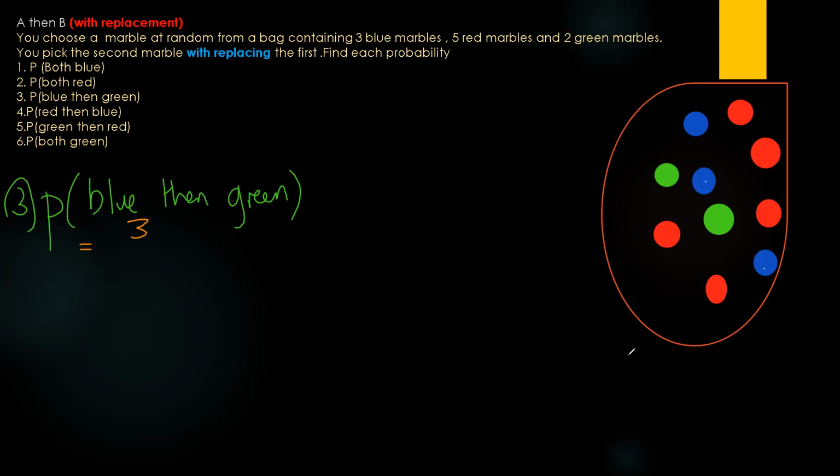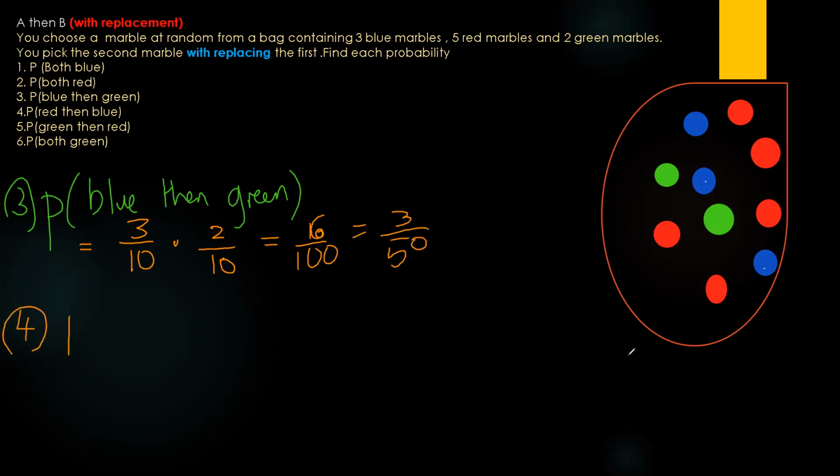So we have 3 over 10 times. The second one is green. We have 2 over 10. 3 over 10, then 2 over 10. I didn't take it outside. I just take it and then replace it. So then the answer will be 6 over 100, or say 3 over 50.